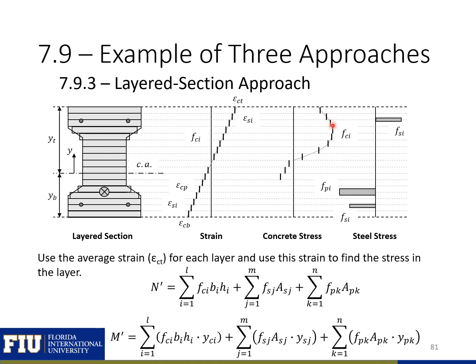So we would find an average concrete stress, an average pre-stressing stress, and an average non-pre-stressed steel stress in each of our layers. We can then just use our equilibrium equations to find the axial load and the moment due to the strain state and stress state in our layered section.